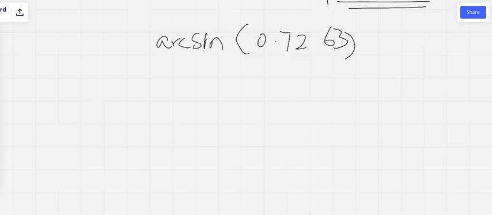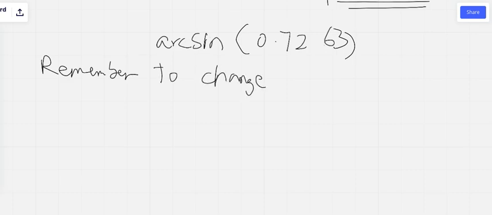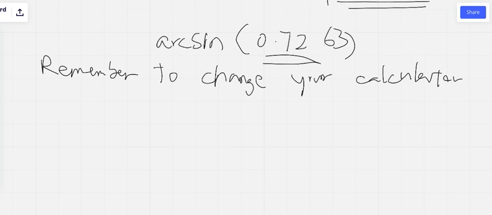Also, one important thing is that you remember to change your calculator to the right mode. It is a very common mistake that in your sophomore year many people got a bad grade in a trig inverse function test because they forgot to change their calculator to radian mode or degree mode. And this we see is a decimal, which means it is a radian.